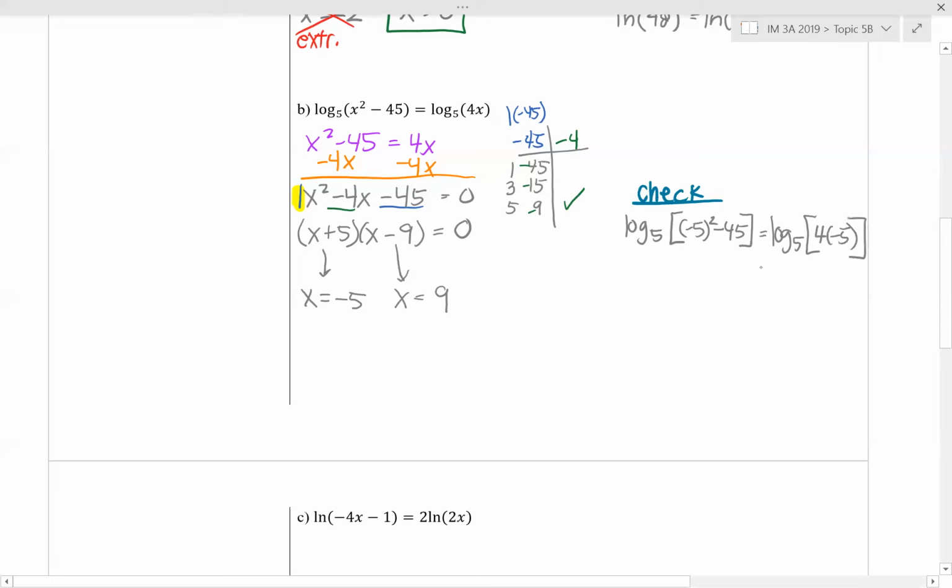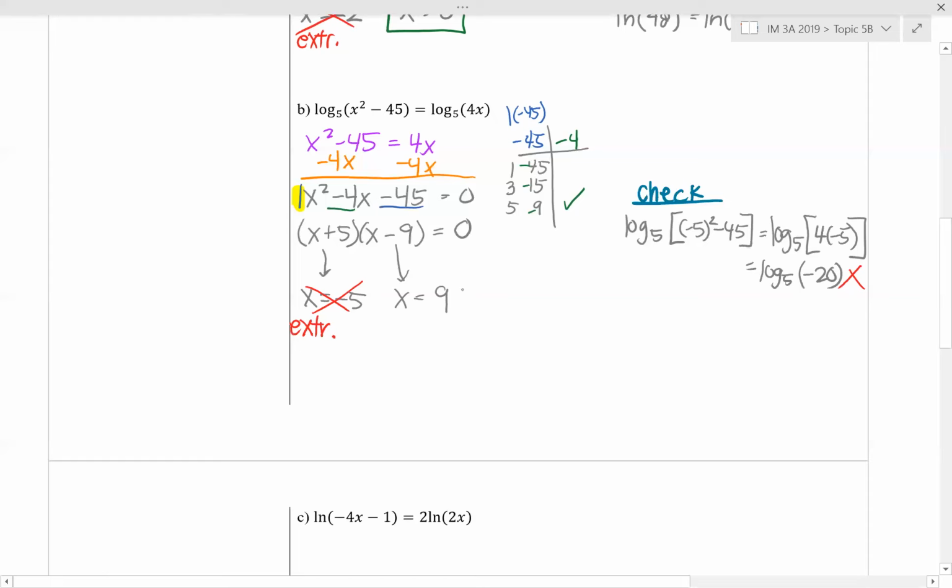Looking at the one that's easier, that's going to give me log of -20. Because that's negative, that's not a solution, so this one is extraneous. So -5 is an extraneous solution. These could both be extraneous.